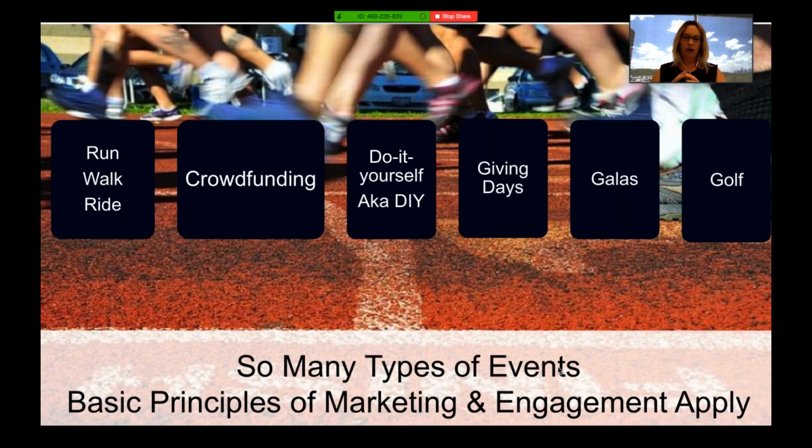I want to talk about the basic principles of marketing, planning and engaging for those events, because I think the basic principles really apply no matter what type of event you're doing. If you're doing or thinking about doing any of these types of events, these general rules of thumb apply.